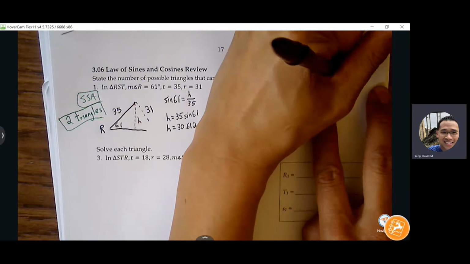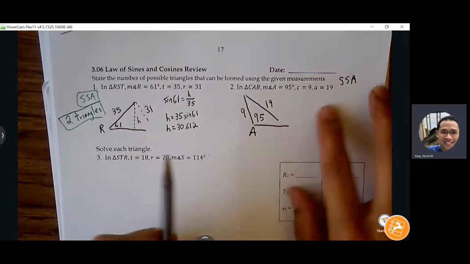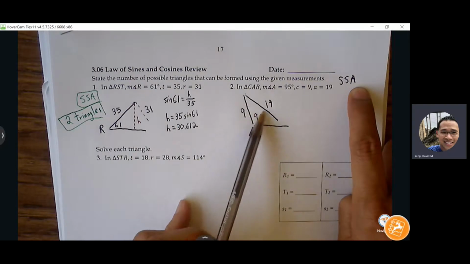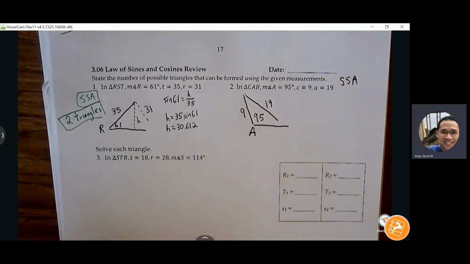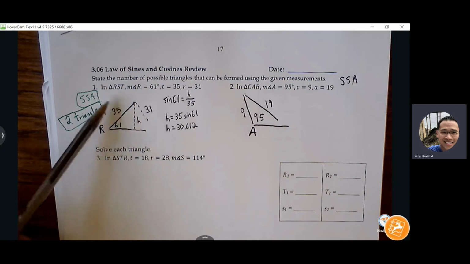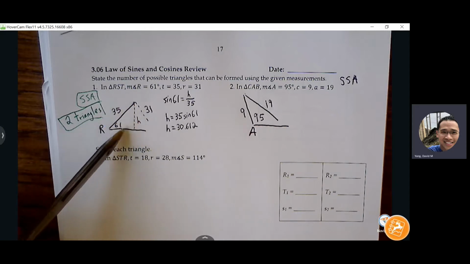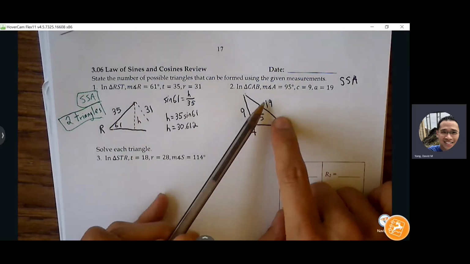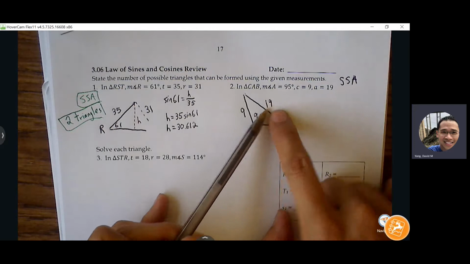This is also side-side-angle, but this is easier because why? Yeah, this is obtuse. So if it's an obtuse triangle, there's no chance that it could be two triangles. You're only going to have this special ambiguous case if there's an acute triangle and all these things have to line up.